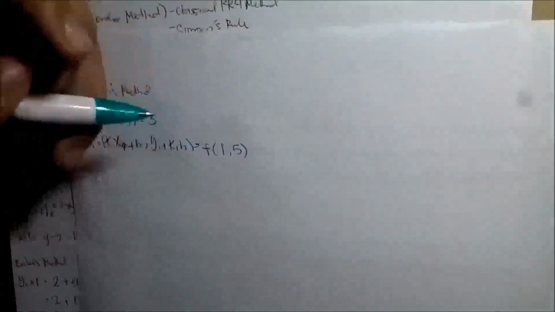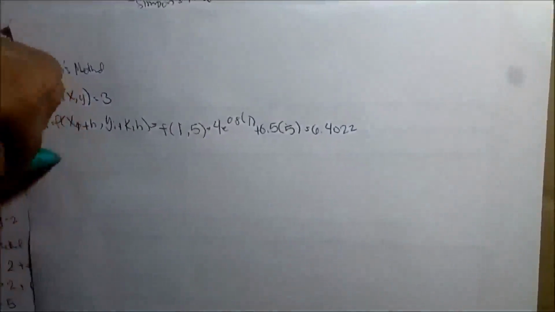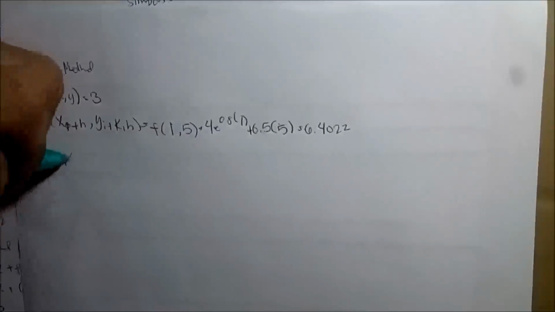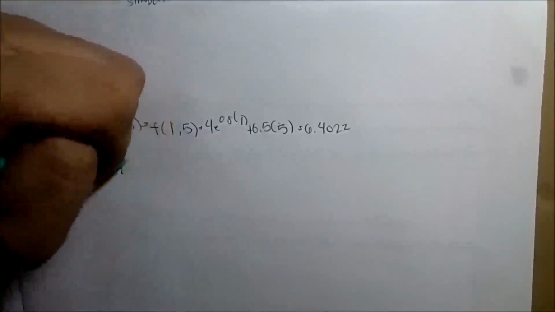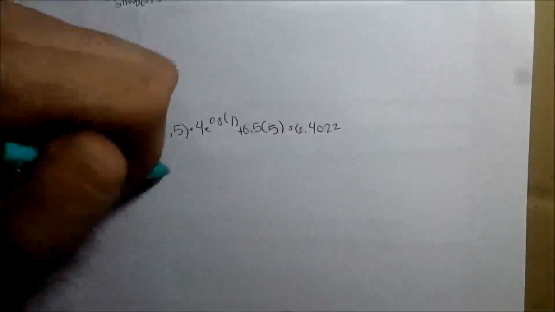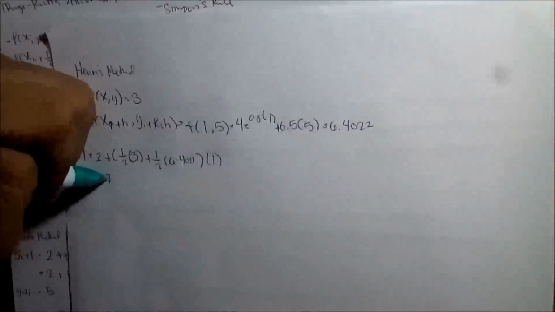In substituting to the formula, the answer will be 6.4022. Then we substitute to the formula, yi plus 1 equals yi, or the 2, plus 1/2 K1, or 3, plus 1/2 K2, or the 6.4022, times h or 1, equals 6.711.